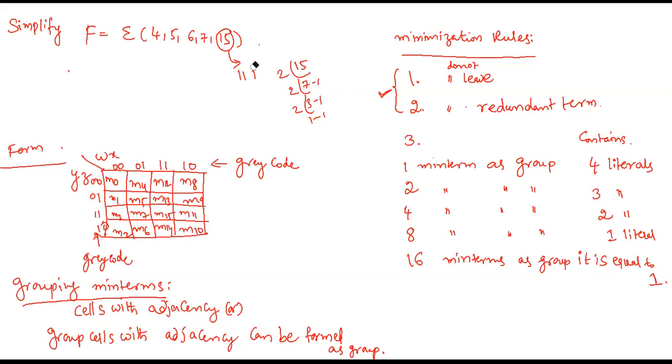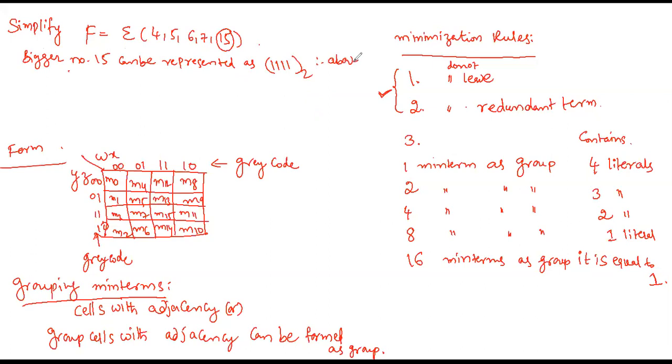So the bigger number 15 can be represented as 1111 base 2. Therefore, the above expression is 4 variable.